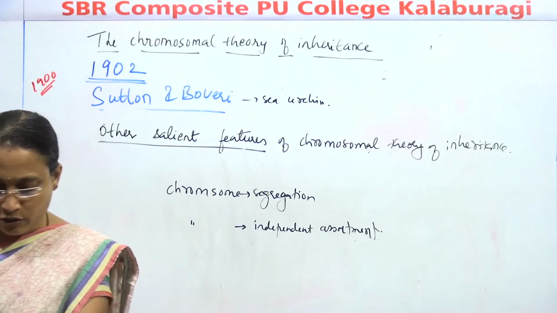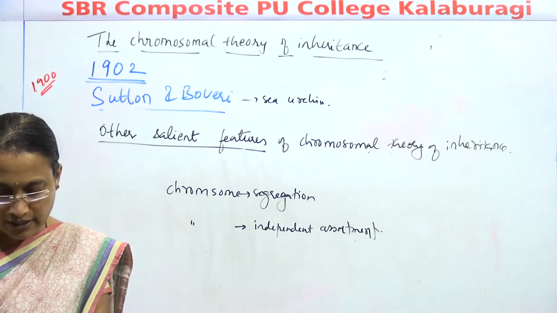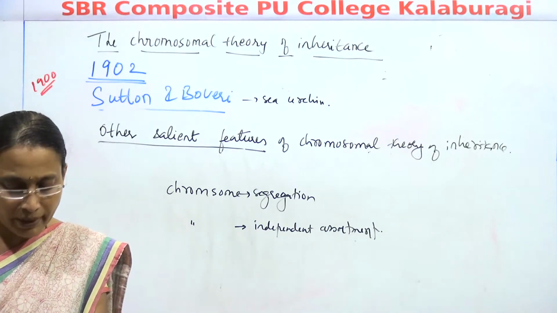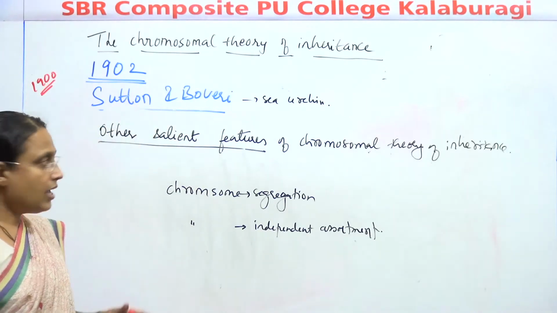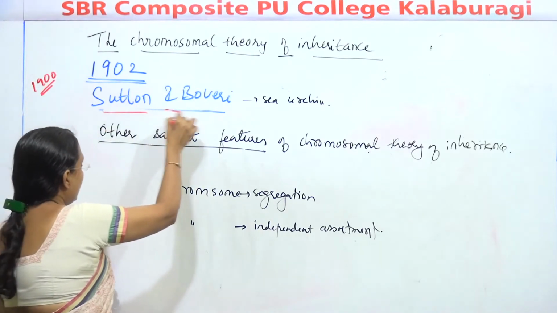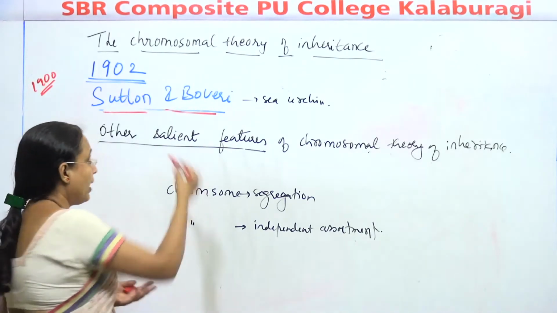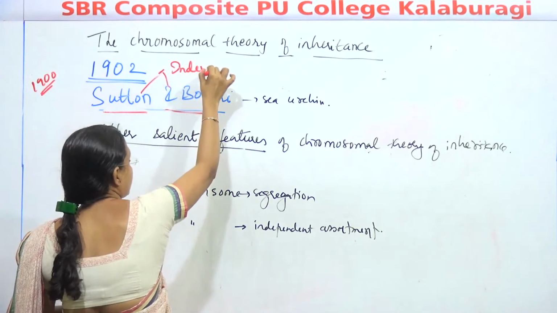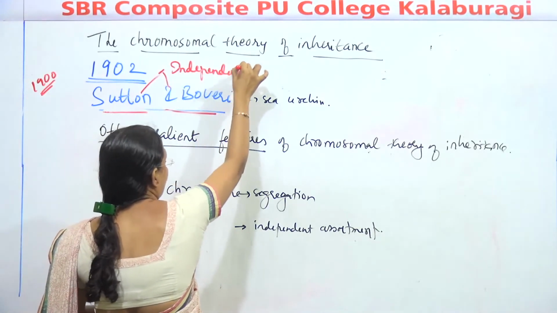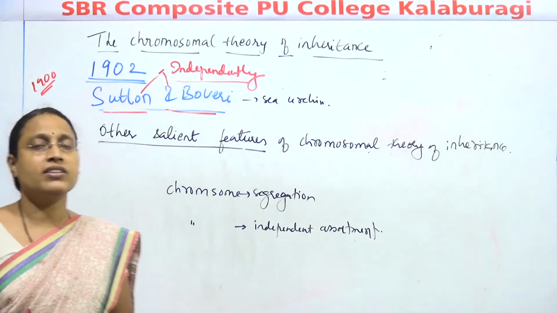And one more thing you should know is how they put forth this theory. Did they work independently or together? Actually, Sutton and Boveri did not work together. They were independently working on the same topic, and the conclusion was the same.